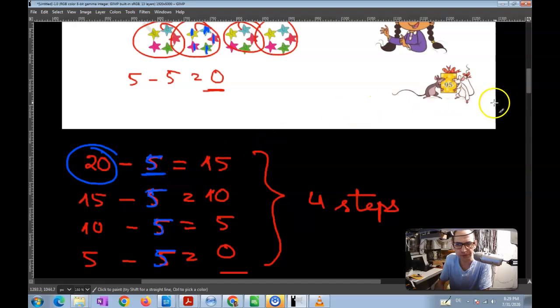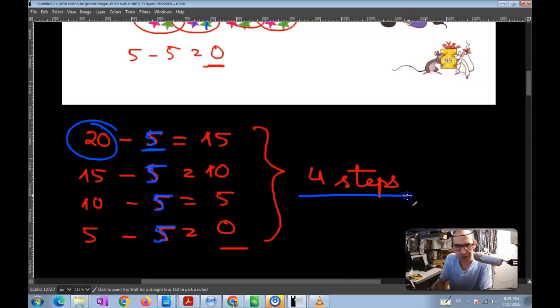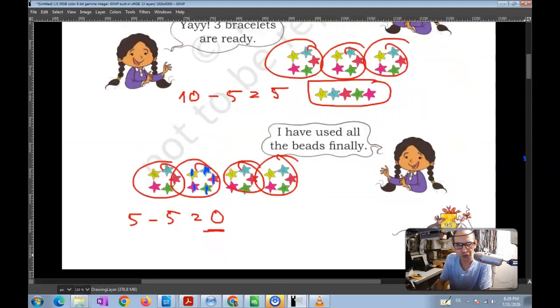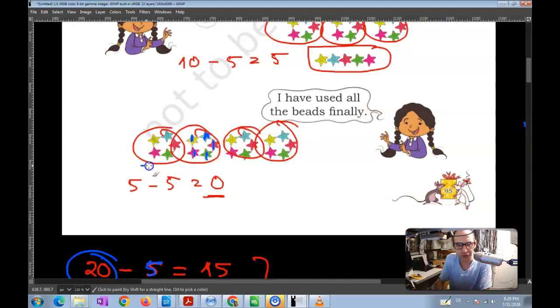And the number of steps that you go through until you get to 0 simply refers to the number of groups that we are going to have, right?